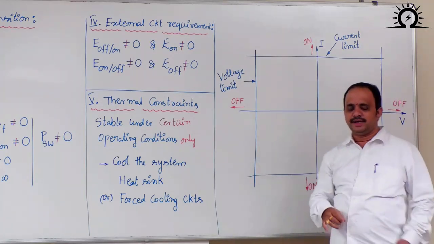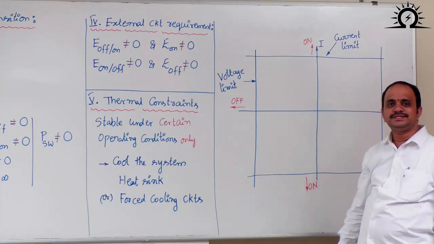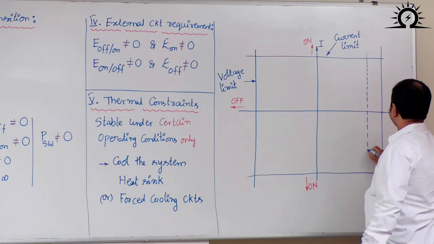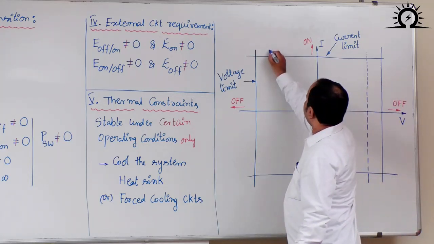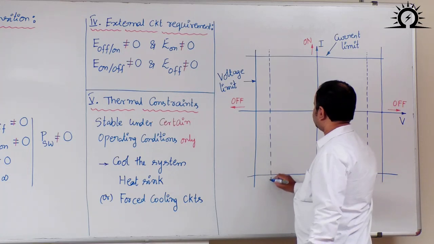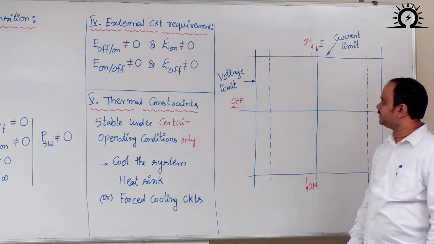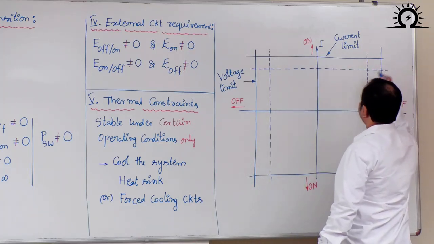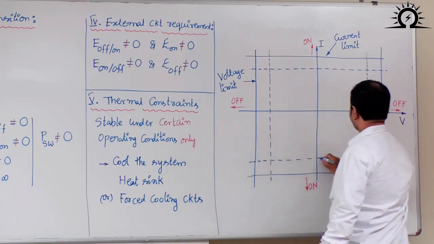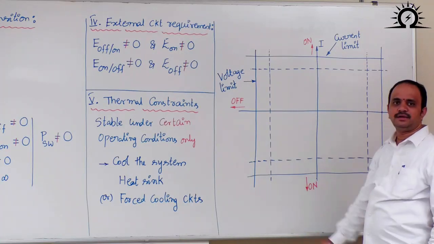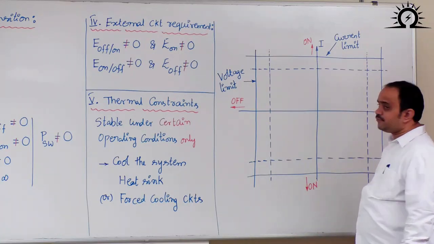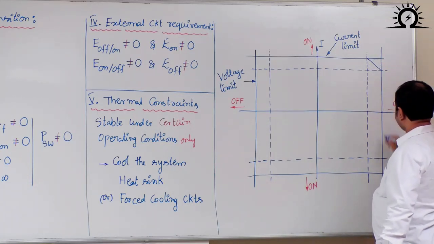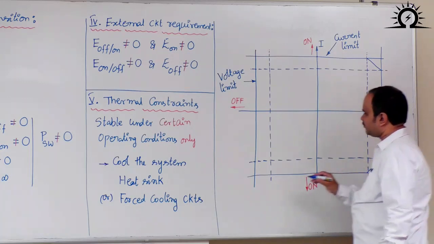In order to avoid that, what will the manufacturer suggest? It is advisable to operate below the rated voltage shown by this dotted line. It is advisable to operate below the rated current shown by this horizontal dotted line. Therefore, you can remove some area on all of these corners.